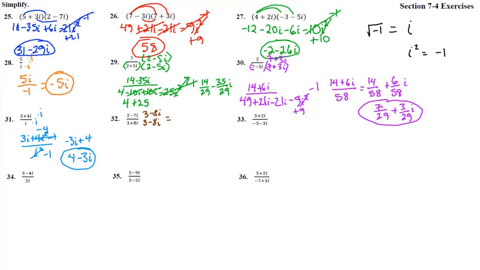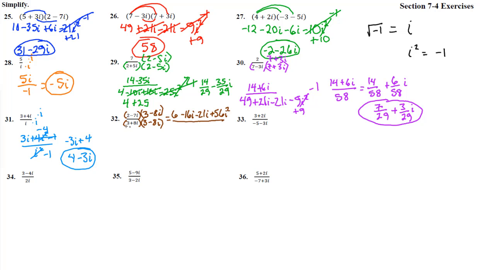Let's put parentheses around it so it looks like what we've done in the past. On the top we get 2 times 3 is 6, minus 16i, minus 21i, plus 56i squared.